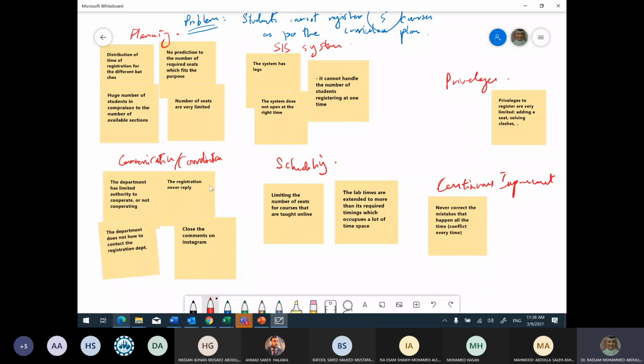Believe me, when we fixed these three, we did it for 5 courses very easily in about 15 minutes, and that was before the SIS system. That was in 2012. And we also got a prize from the Prime Minister office for doing this.